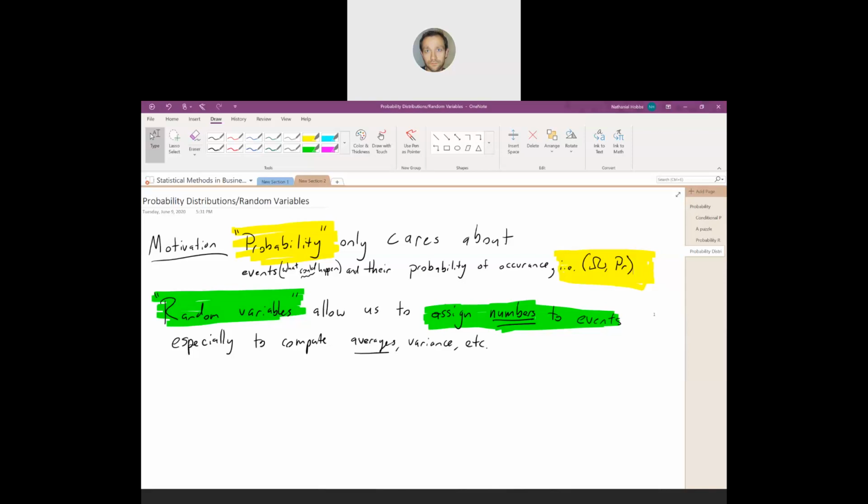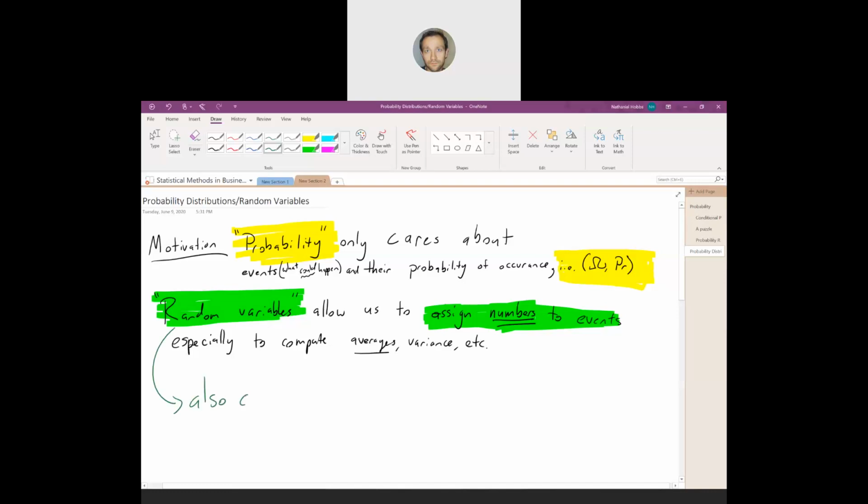But there's no numbers with that. Can I talk about an average? No, you just talked about whether it's going to rain or not. There's no number attached to it. But with numbers, you could calculate average incomes, you could talk about the number of days it rains this year, things.